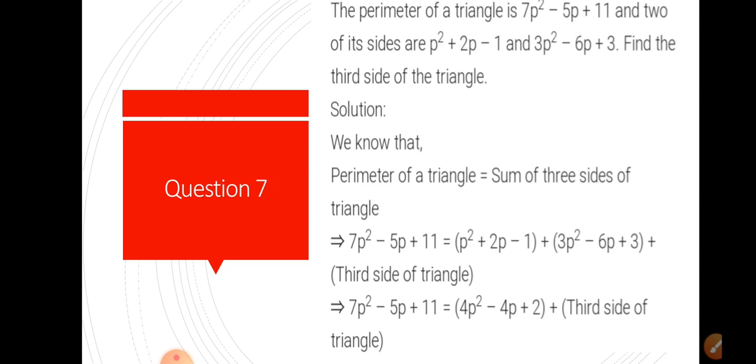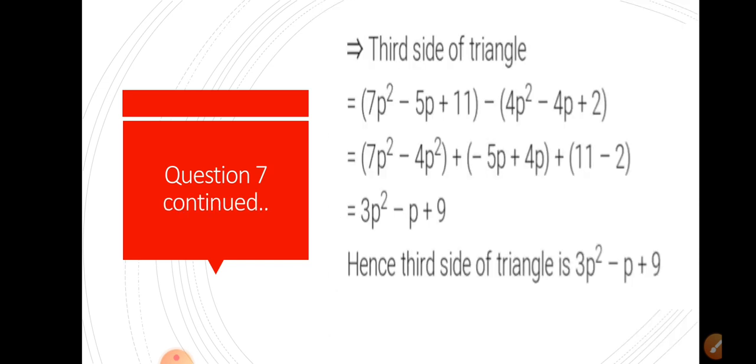Perimeter equals first side plus second side plus third side. Therefore, third side equals perimeter minus the sum of both sides. When we subtract, the answer will come 3p² − p + 9.